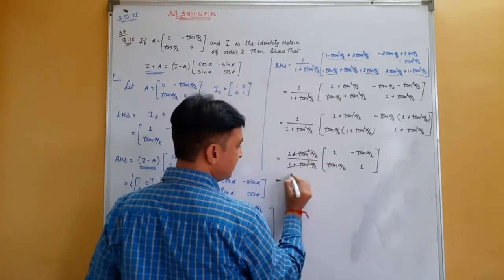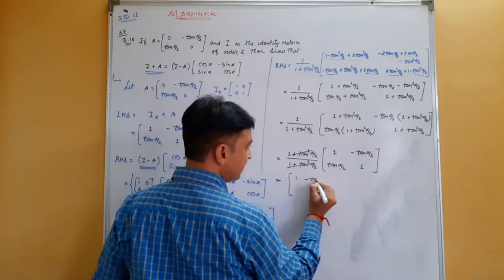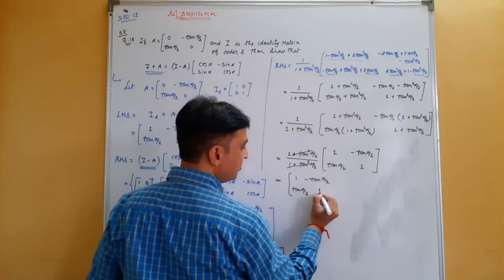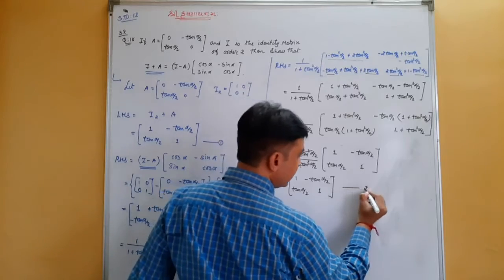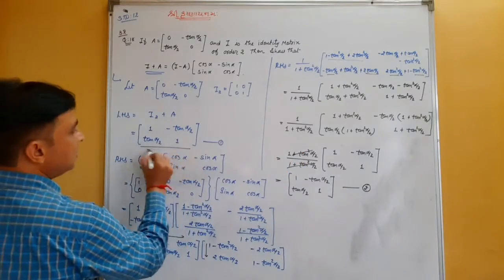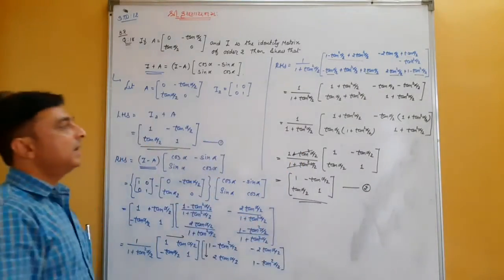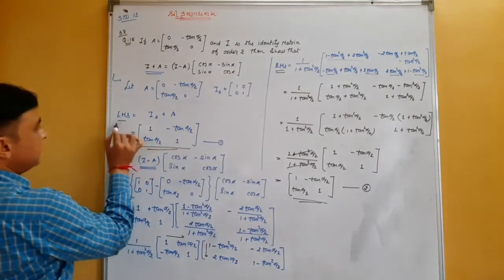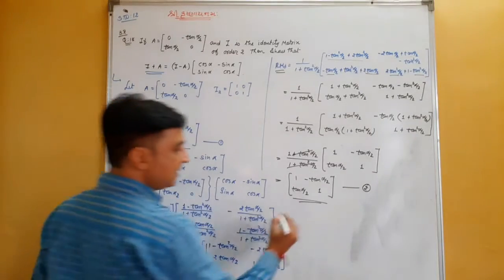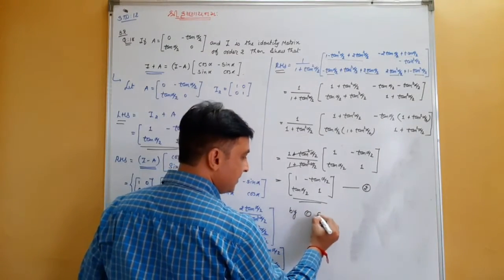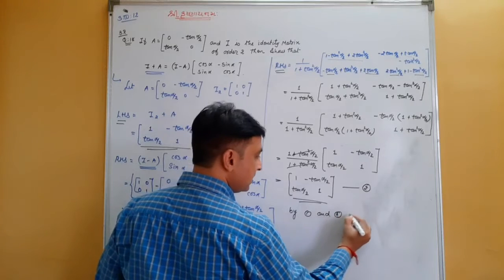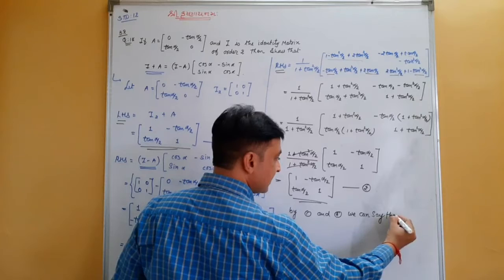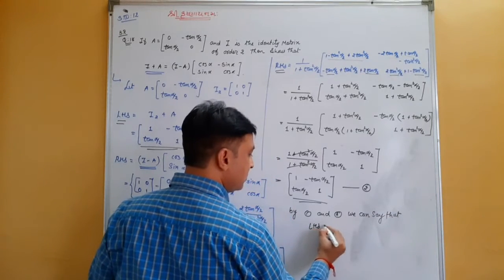This will cancel. 1 minus tan alpha by 2, tan alpha by 2 into 1. So it is 2. See, 1 and 2 equal. So that means right hand side and left hand side are equal. So by 1 and 2 we can say that left hand side equal to right hand side.